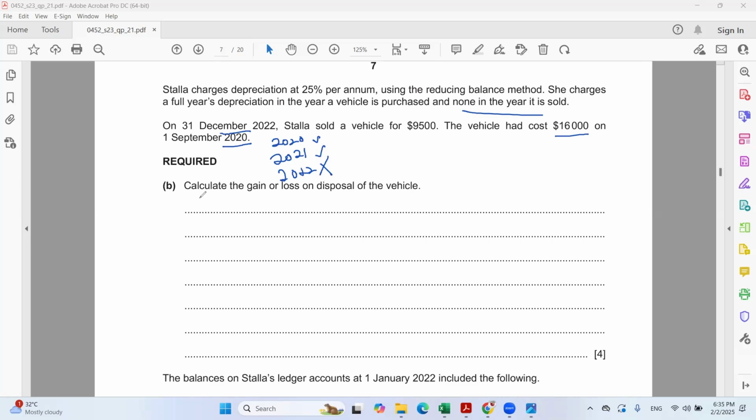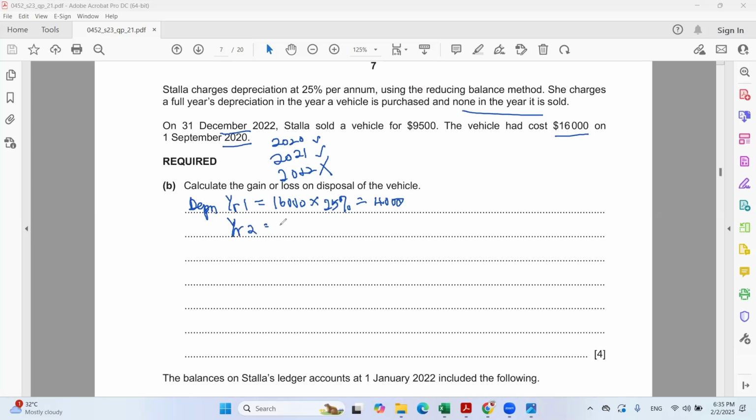First of all, we need to calculate the accumulated depreciation. The depreciation for the first year is the cost 16,000 times 25%, which is 4,000 for the first year.